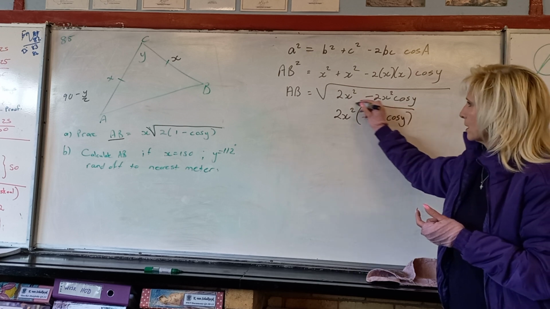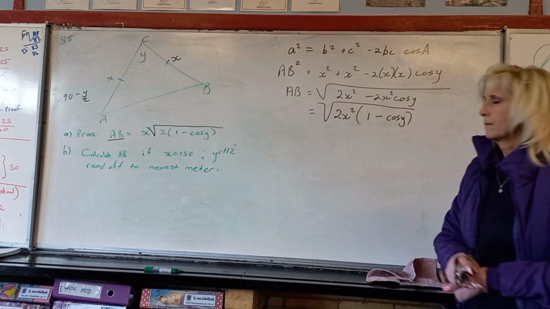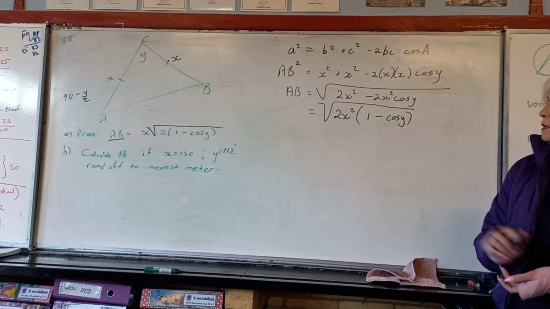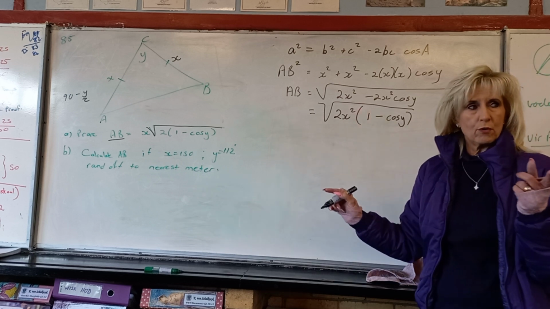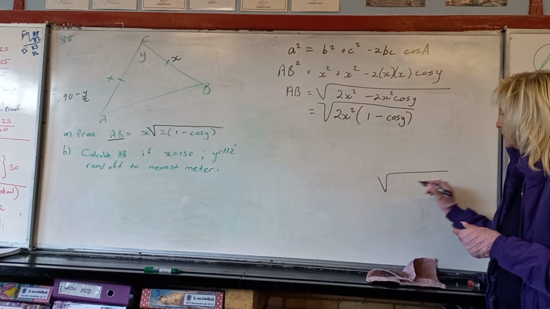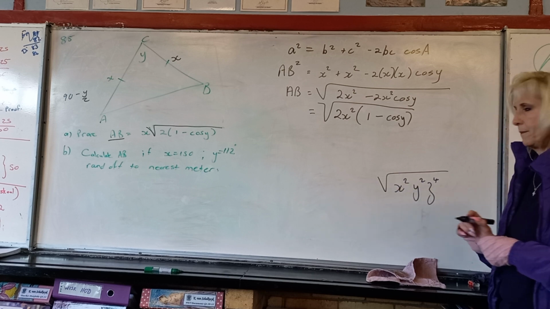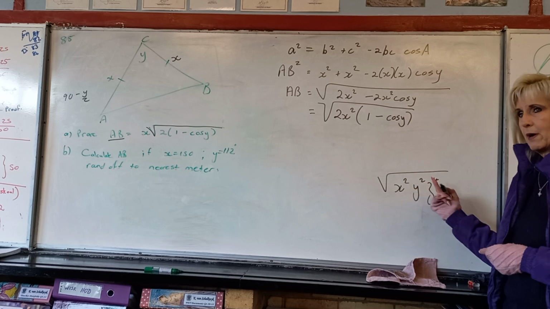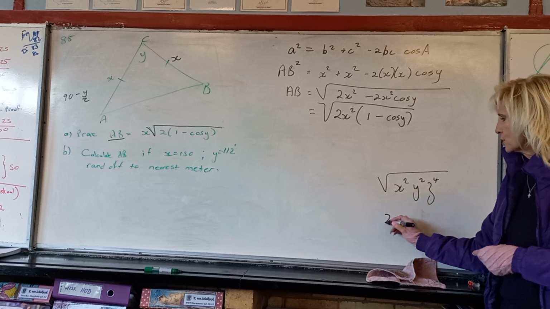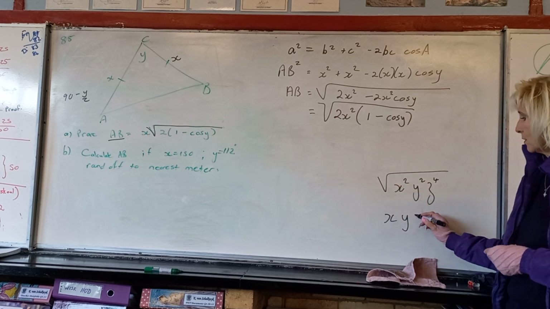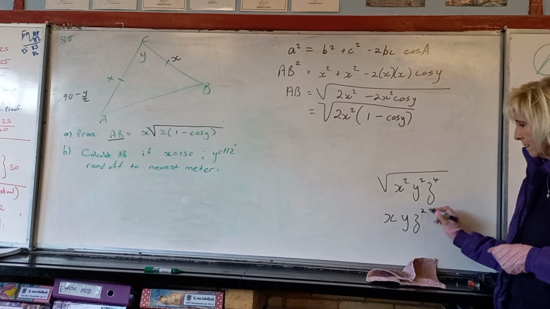But something's got to happen still. You're going to take out the x squared. Remember, the whole rule is if it's all multiplications inside, you can take them out one by one and say square root of that square, square root of that square, square root of that square. Are you with me?